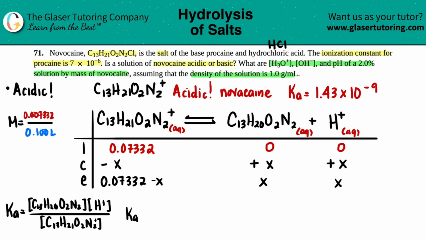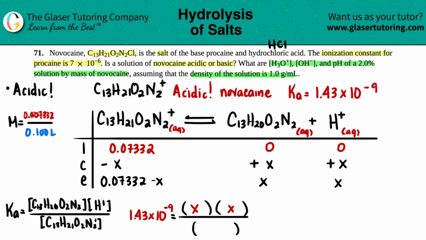So let's actually plug in those numbers. So I got these two on the top, one on the bottom, and we actually know the Ka value. So I'm actually going to extend this a little bit out here. The Ka value is 1.43 times 10 to the negative 9th. This was X, this is X.